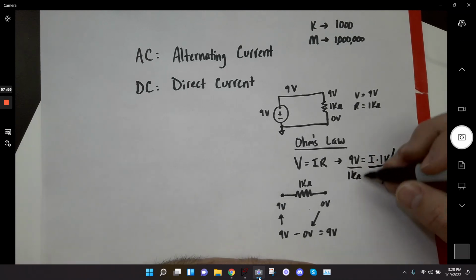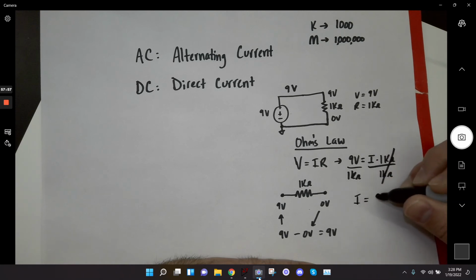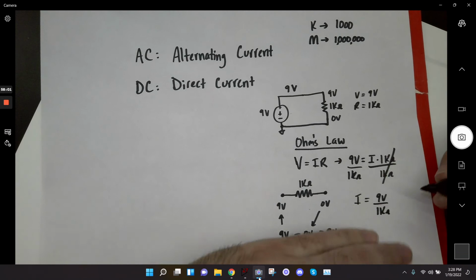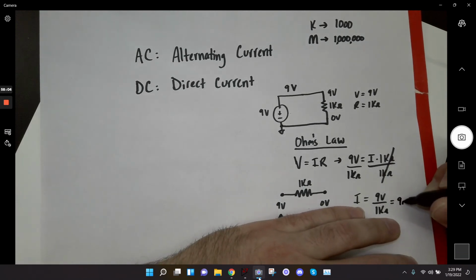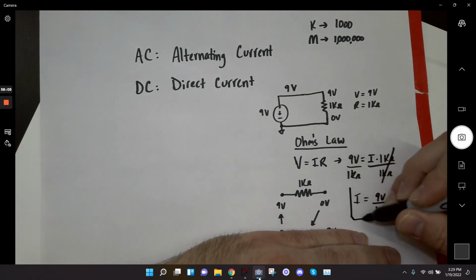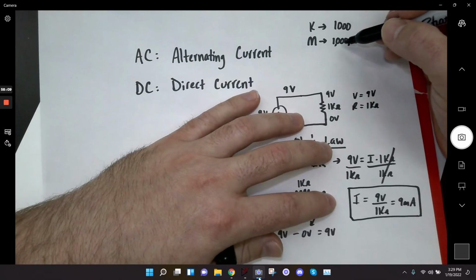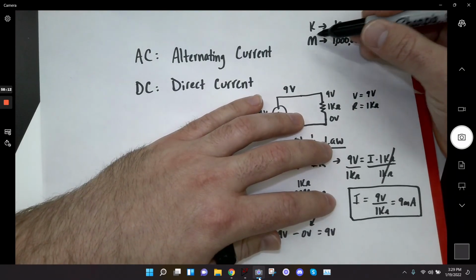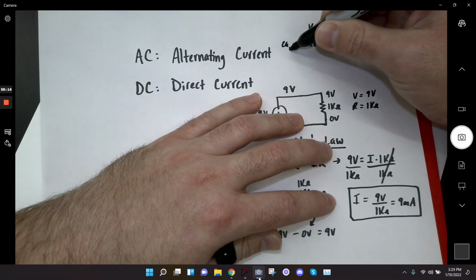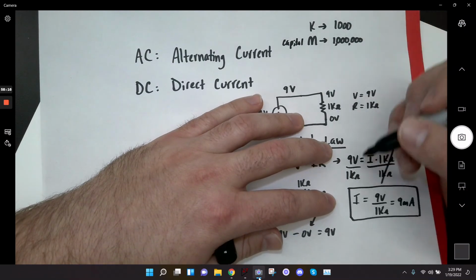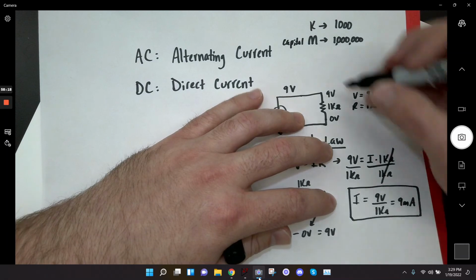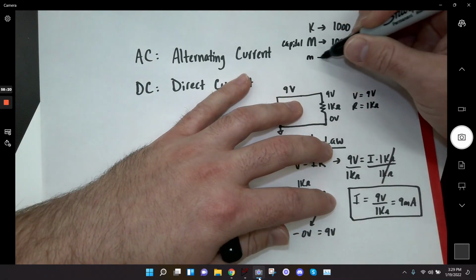These cancel, and now I get that my I is 9 volts divided by 1 kilo ohm, which is 9 milliamps. So, again, I said K was 1,000, M, big M, so this is a capital M. That's mega, but little m is milli, so definitely distinguish between the two of those.